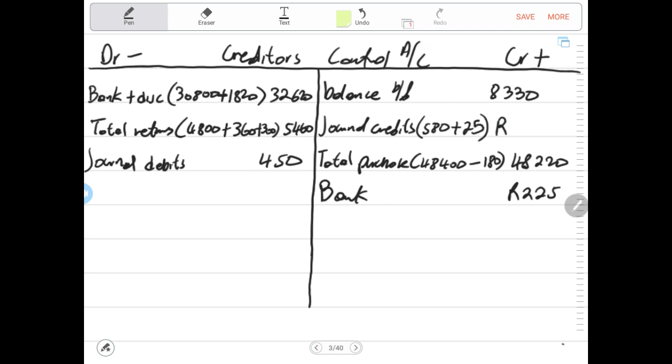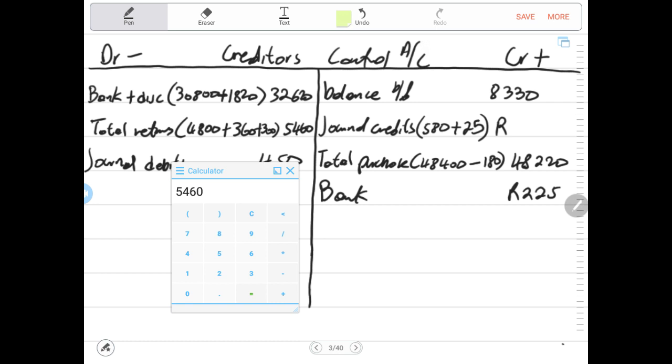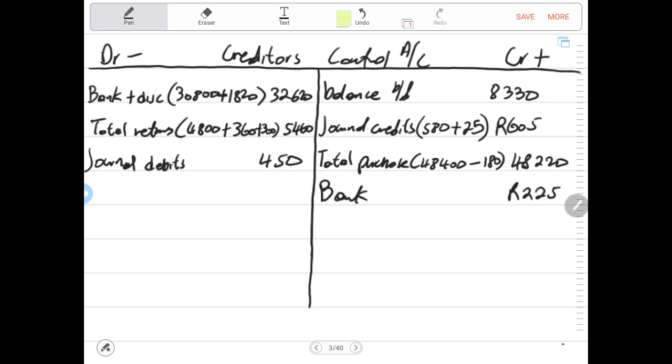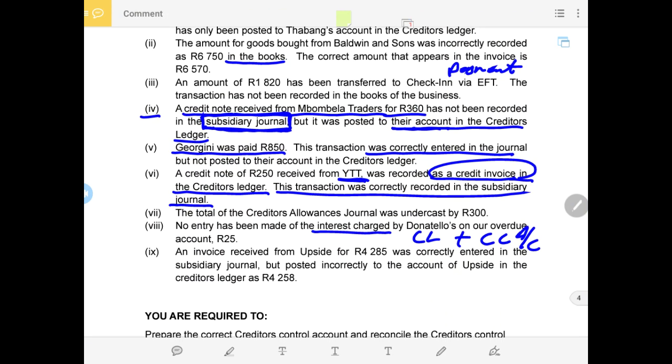So there is your 25 rand. Then 25 rand plus 580 rand, that will give us 605. So this is the amount of the total general credits after this transaction. Then we move to the next one.